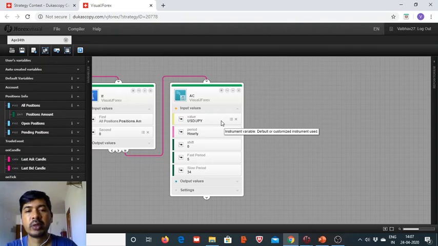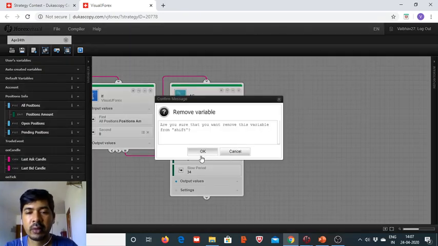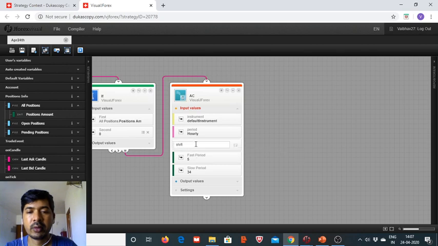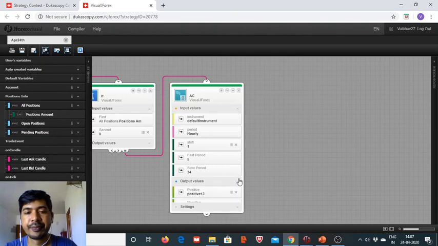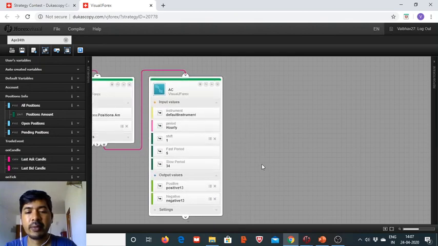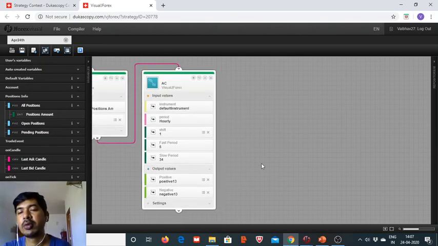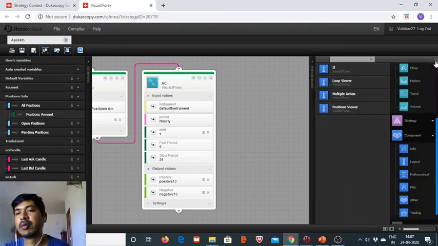The instrument is USD JPY, shift is going to be 1. And we got these positive negative values, which we will be using to determine the underlying momentum.